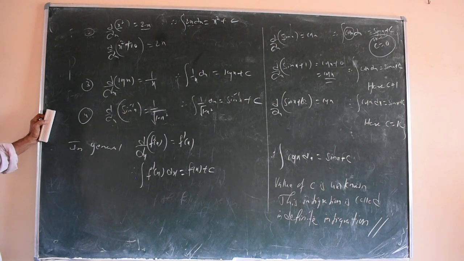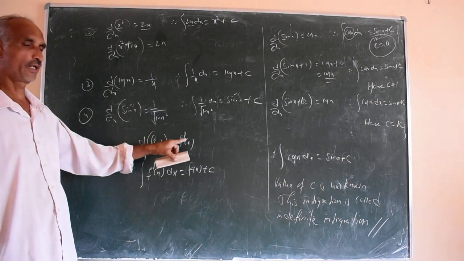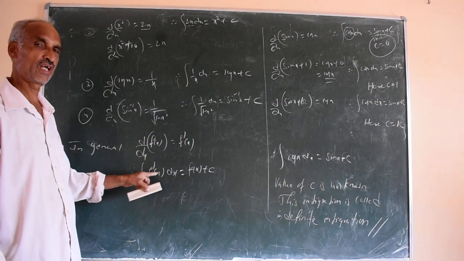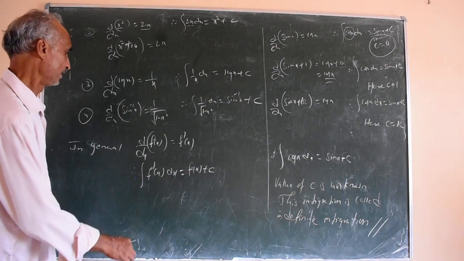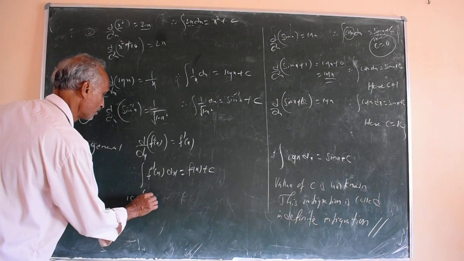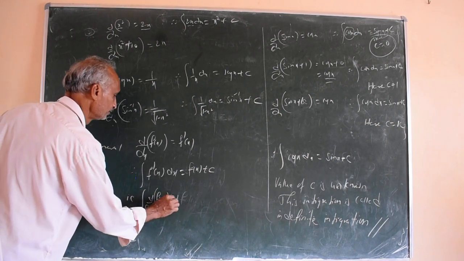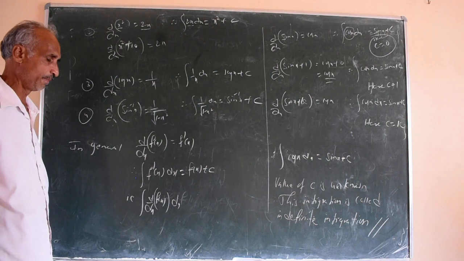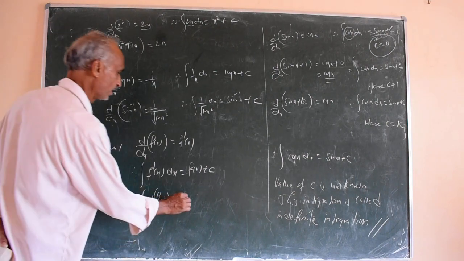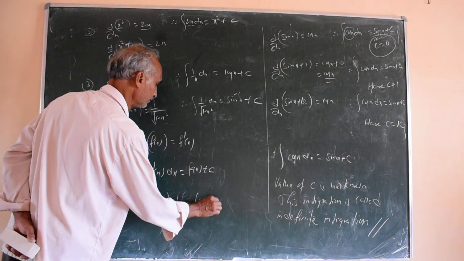By differentiating f of x, you get f dash of x. Therefore, by integrating f dash of x dx, you get f of x. That is integration of d by dx of f of x dx, because f dash of x is taken as d by dx of f of x, and that equals f of x plus c.